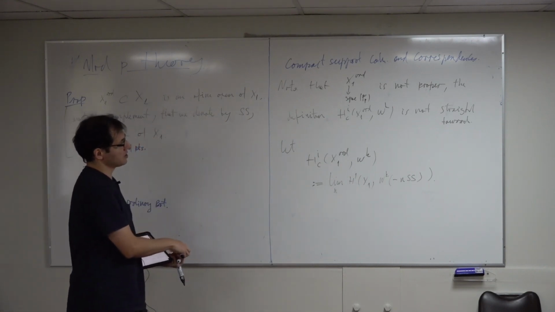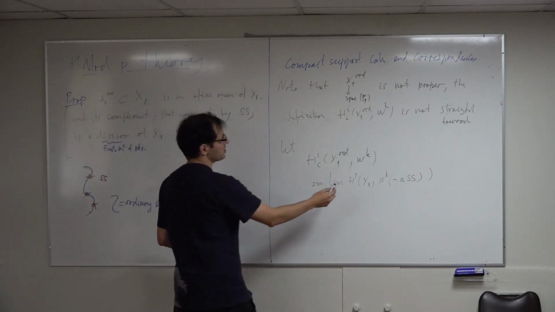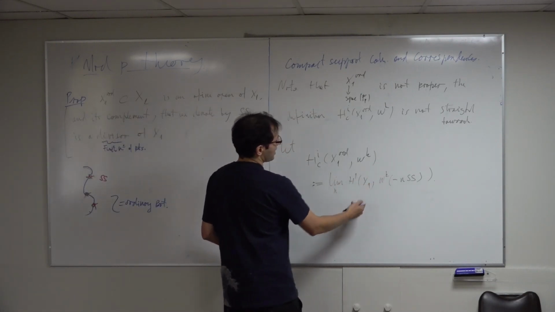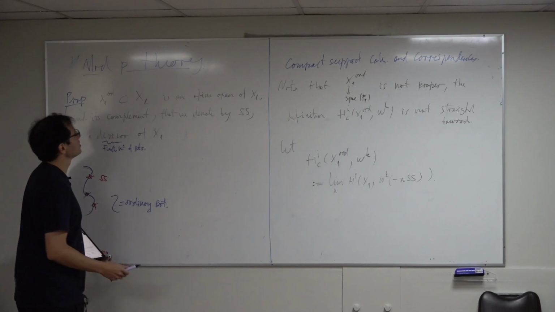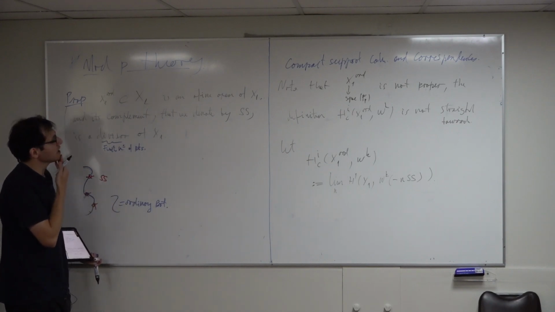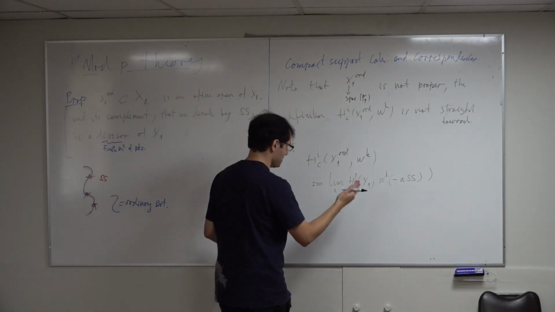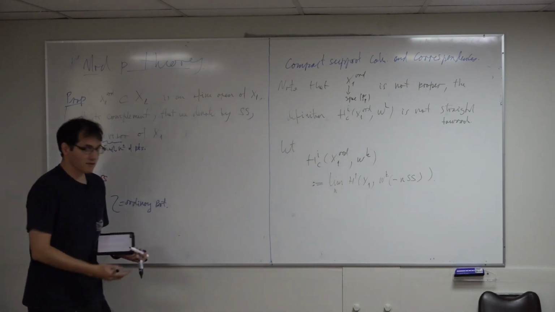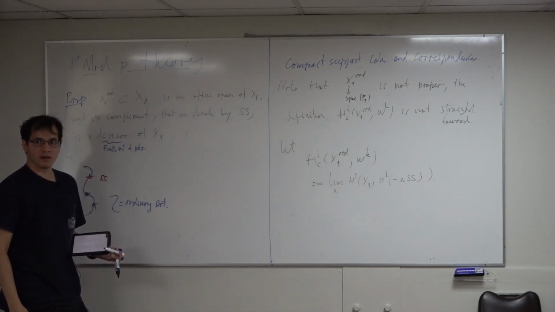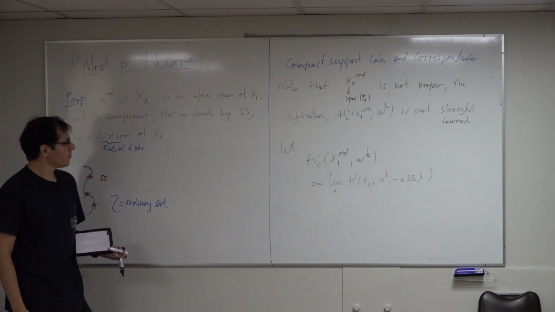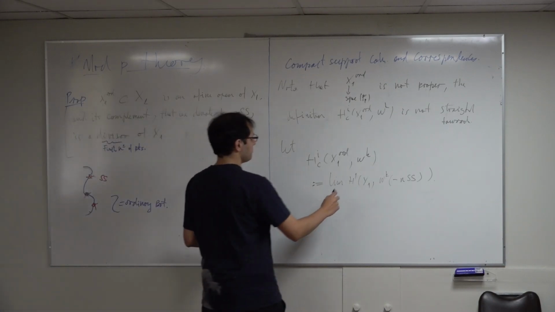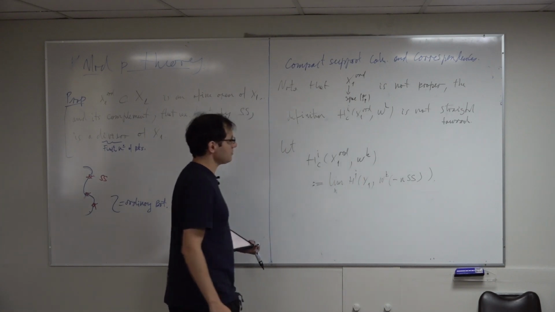Why does this appear? Because we know that X_1 is proper. We didn't mention it, but X_1 is proper. This is actually a compact thing. Sorry, where? You are moving n.